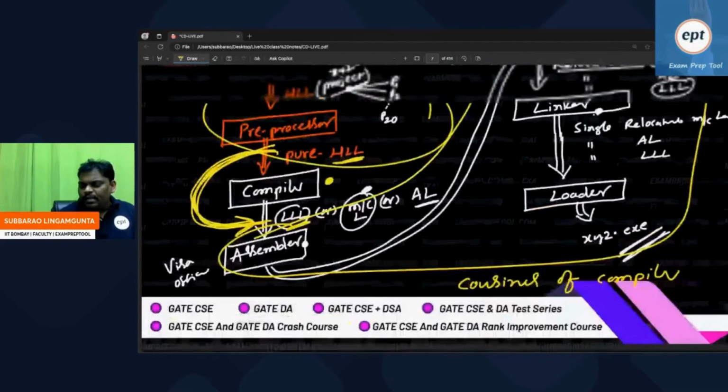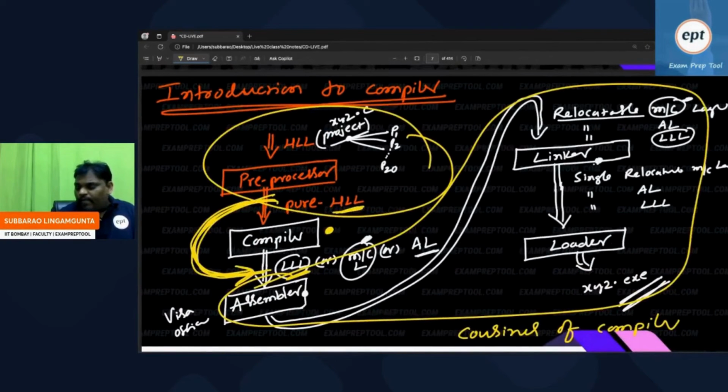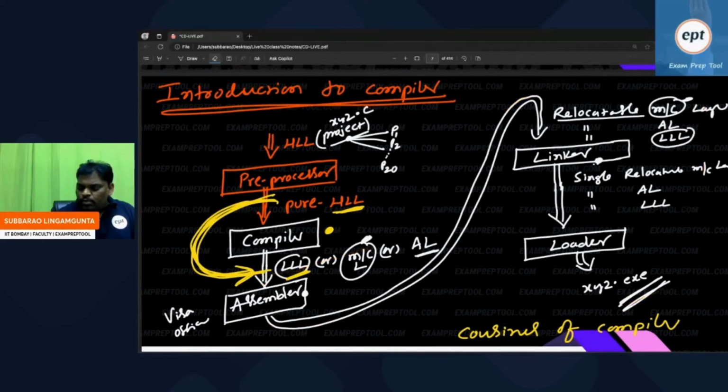This entire diagram, everything I have done until now, shows how a particular language will be processed. So this entire diagram is a language processing diagram.